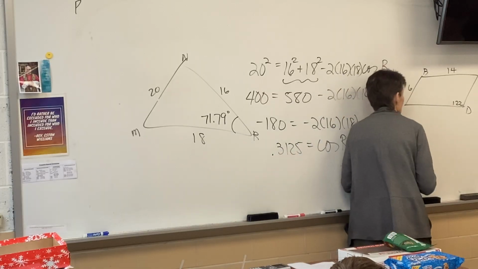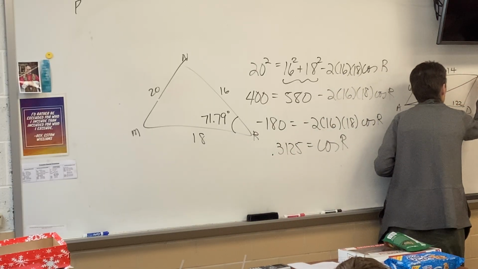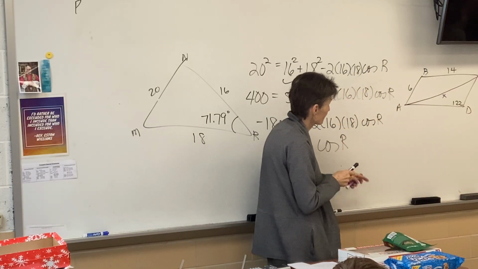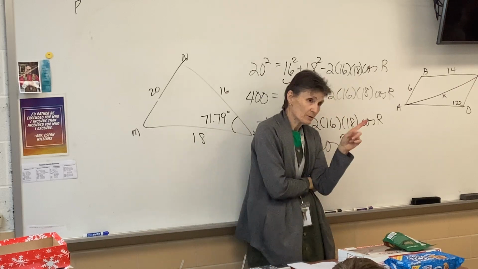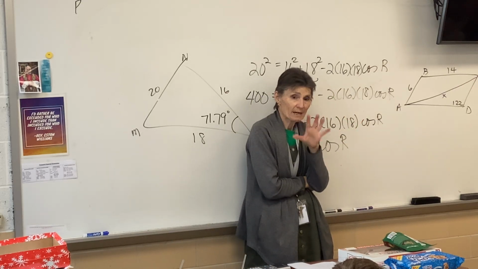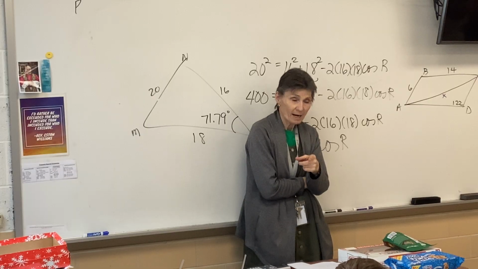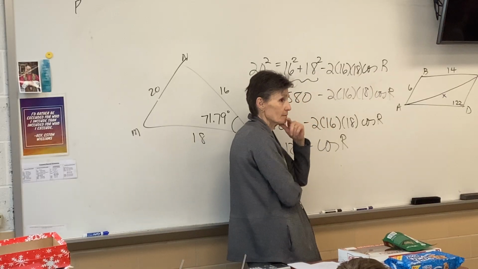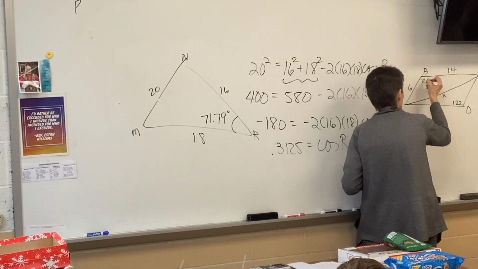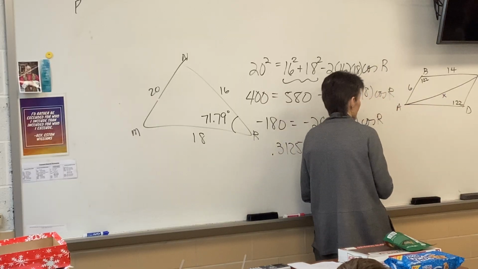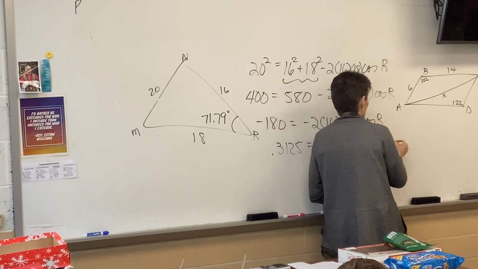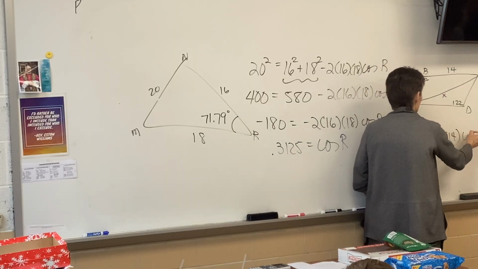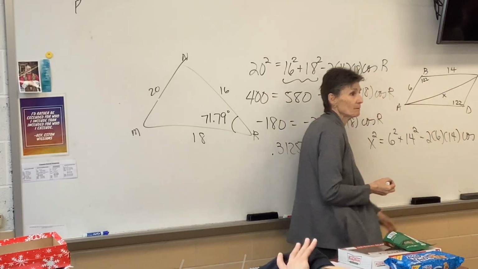So AC will be this diagonal, I'll call it X. You're not doing area, you're finding X. So it's going to be sines or cosines, one or the other. Michael says he thinks it's cosines. Is this angle up here 122? So x squared equals 6 squared plus 14 squared minus 2 times 6 times 14 cosine 122. Does that look okay to everybody?